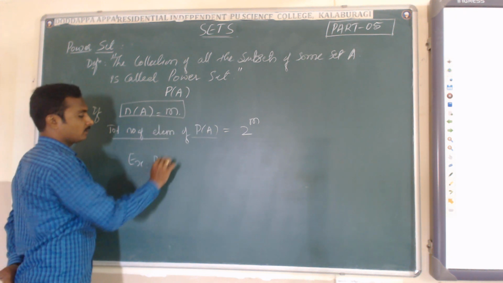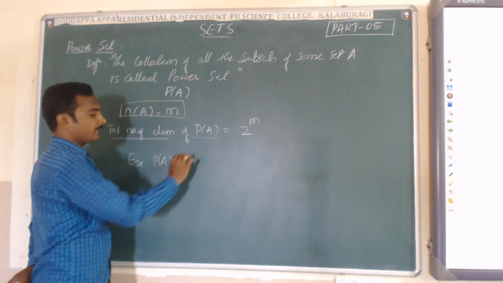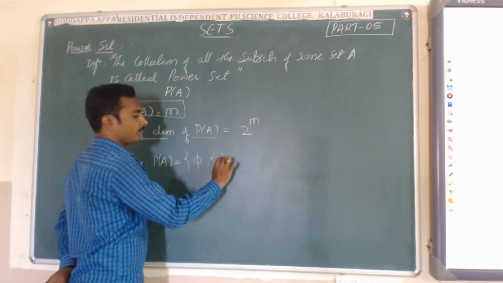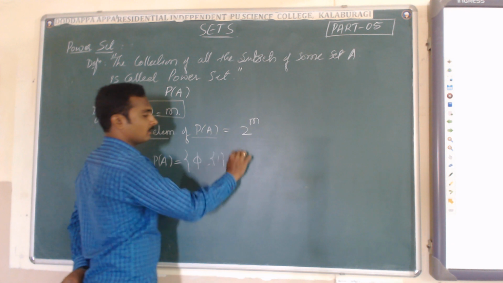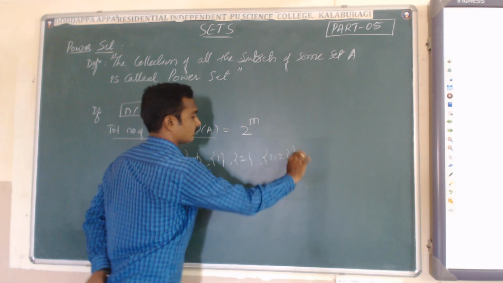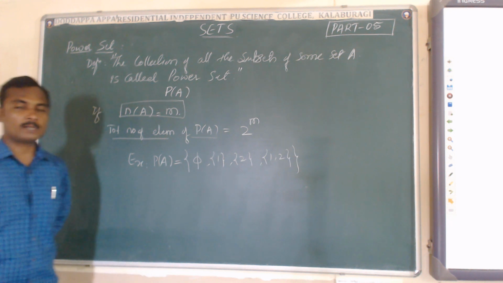The power set P of A contains the elements: the null set, the set {1}, the set {2}, and the set {1, 2}.